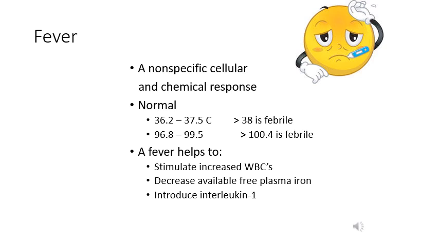And then it also is responsible for introduction of interleukin-1, a pro-inflammatory cytokine that increases the amount of interferon. Interferon is what travels to other cells to increase resistance to the invading virus or organism.